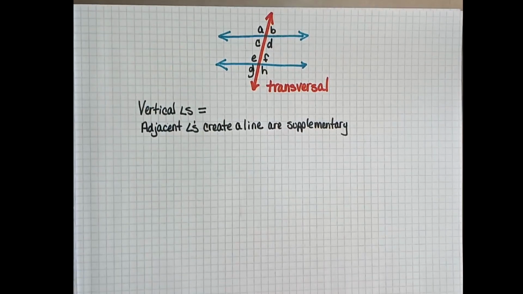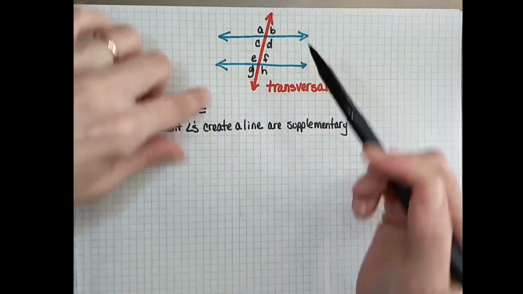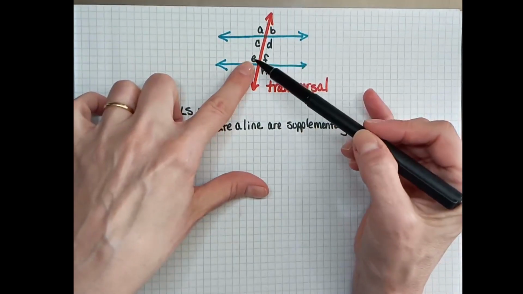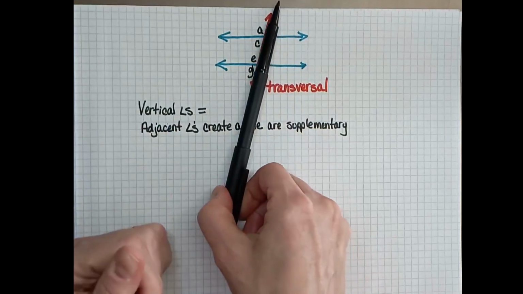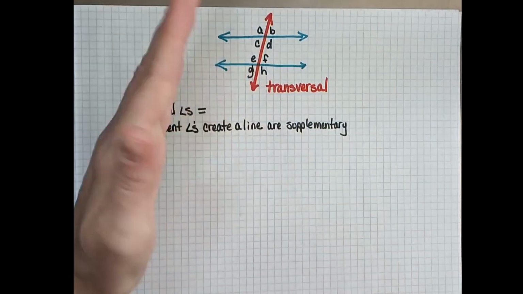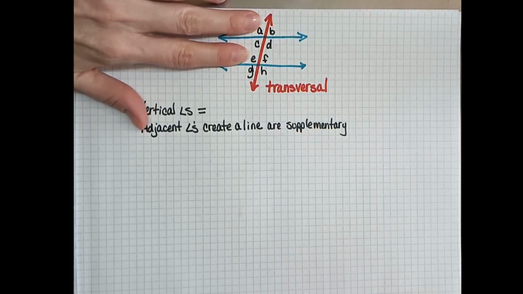Some things that are new here, though, okay, are the way that these two lines relate to each other. If you look at A and E, they are on the same side of that transversal. You see that orange line there, on the same side of it. They are also in the same position on those blue lines.